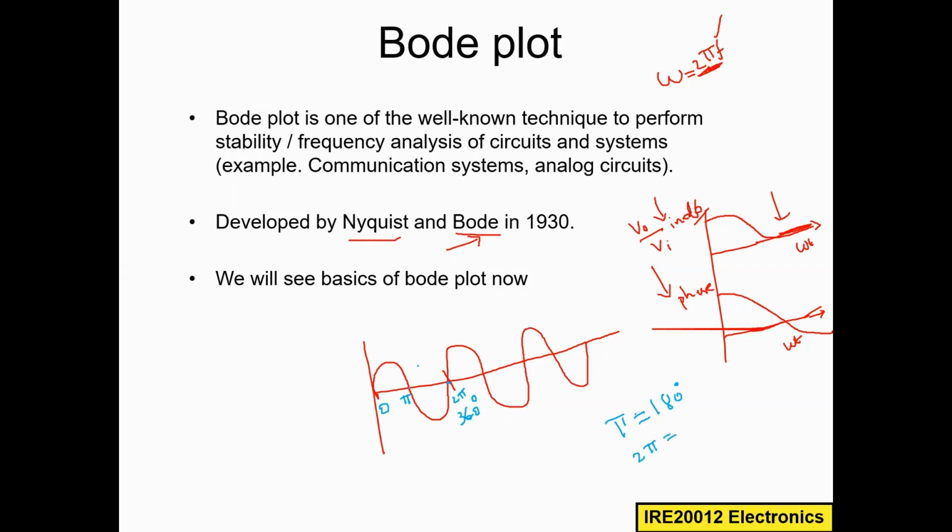We are applying this complete input to one system, and we are getting output. So mathematically, we are taking one sample, that is the one full cycle, and performing some mathematical analysis, and that response is going to repeat for all other cycles.